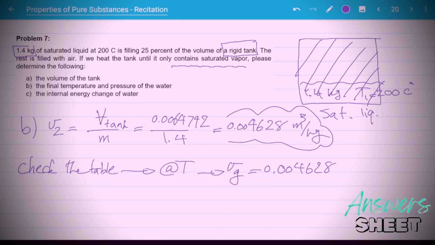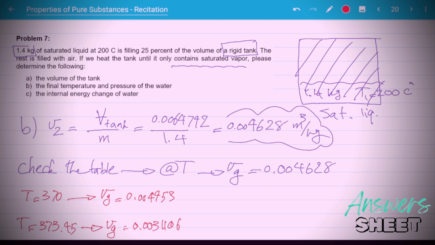Now, if we go and check the tables, we will see that at the temperature of 370, the specific volume for saturated vapor is 0.04953, and at 373.95, which is the critical state for water, the specific volume is 0.0031106.